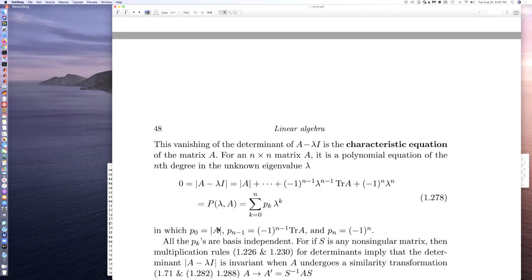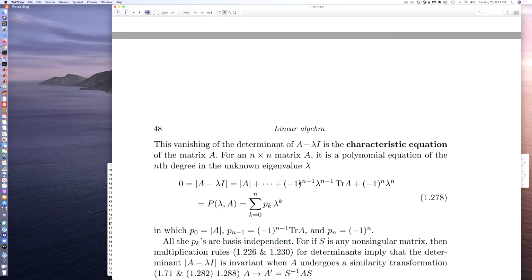Also, the determinant is invariant under a similarity transformation because the determinant of a product is the product of the determinants. So you have the determinant of S, determinant of A, determinant of S inverse. The determinant of S inverse is the inverse of the determinant of S, so that cancels.